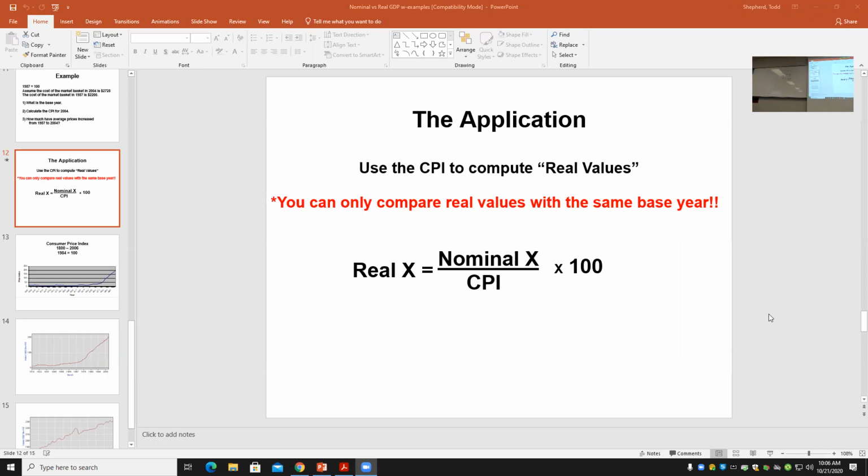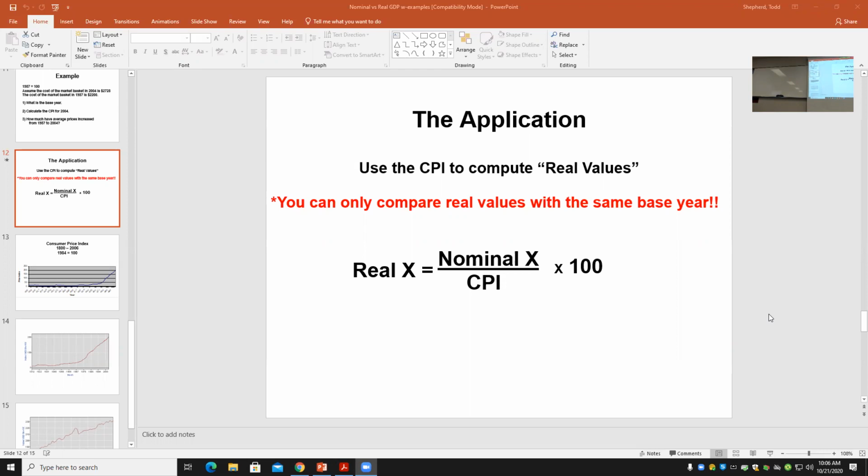So we did one in class last time where we took a number for nominal gross domestic product and simply did the calculation to get it into real gross domestic product. And then we said you can only compare real values that have the same base year.